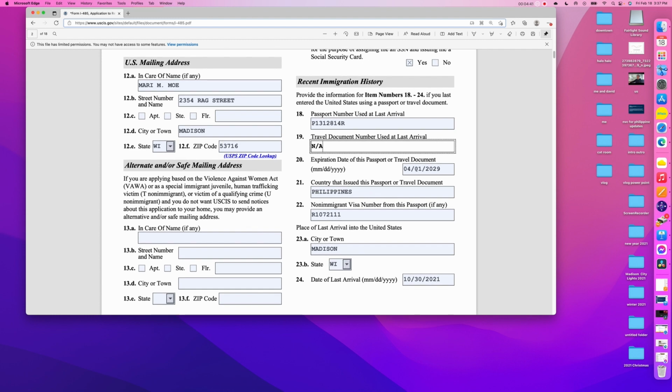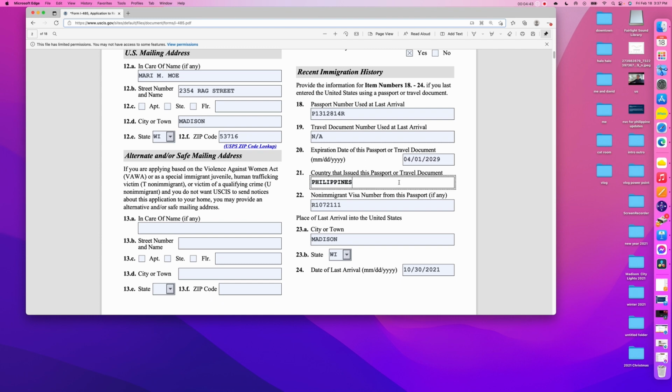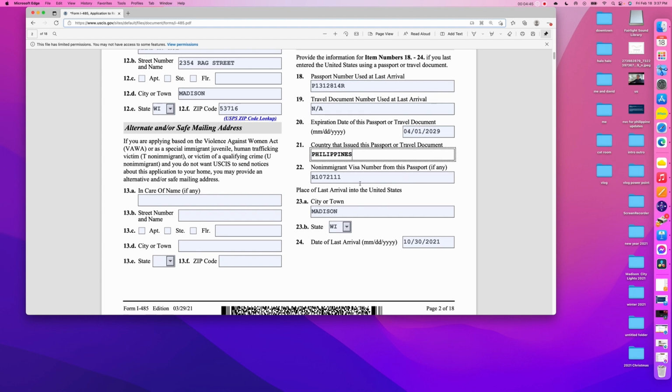And then expiration of my passport, country issued my passport, Philippines, and non-immigrant visa number from passport. So if you're K1 guys, you can see that on your visa. You can see it on the bottom part, the right side. It's 9 digits, so 1 letter and 8 numbers. So that is your visa number on the bottom part of your visa.